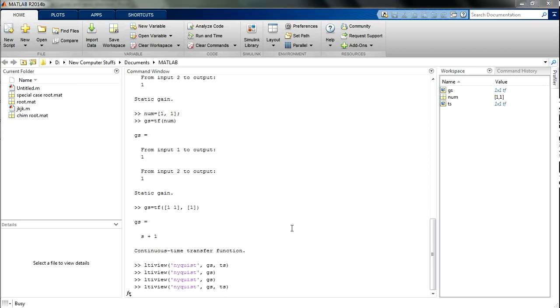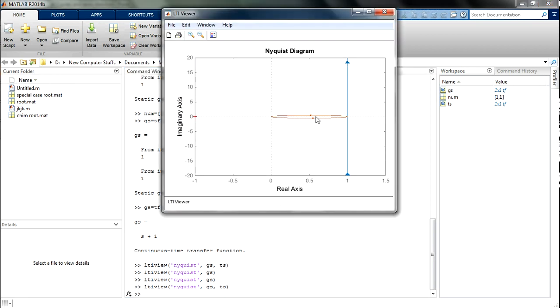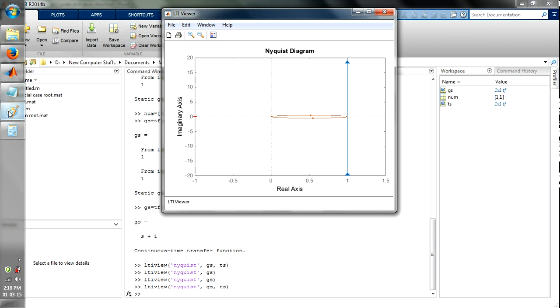Now we compare: this is T of s, and this is G of s. So this is the zeros, and this is the poles. As you can see, the difference is that for poles it is circulating, and for zeros it is moving upwards. However, the angles are all the same.